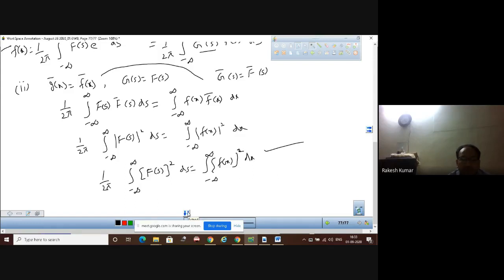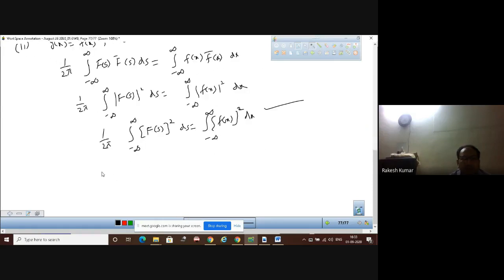Now, with the help of these parts of the Parseval identity, we can write down the Parseval identity for the Fourier cosine transform and Fourier sine transform also. In number one, the result will be 2 upon pi, integral from 0 to infinity of FCS and GCS ds, equal to the integral from 0 to infinity of f of x g of x dx.